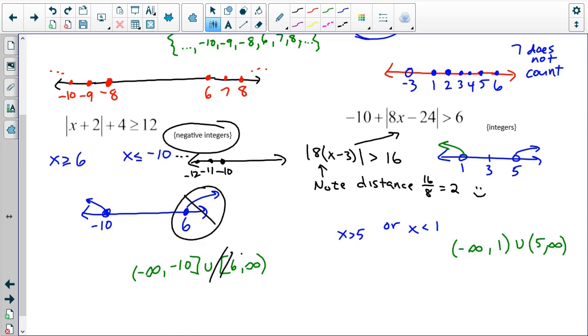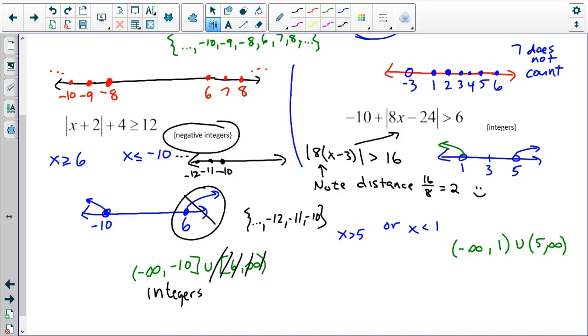So I would definitely not include this. I could say -infinity to -10 integers, or I could say -12, -11, -10, and then just stop it right there.